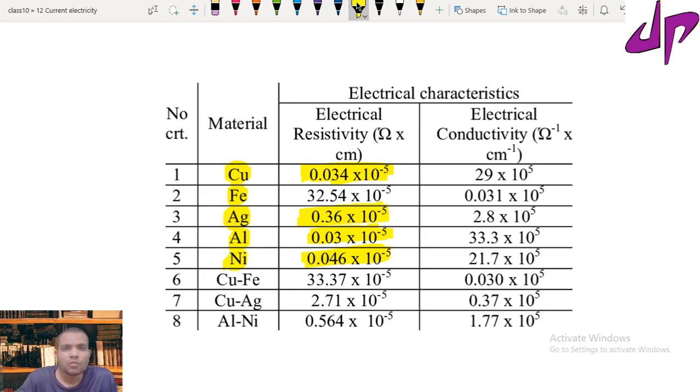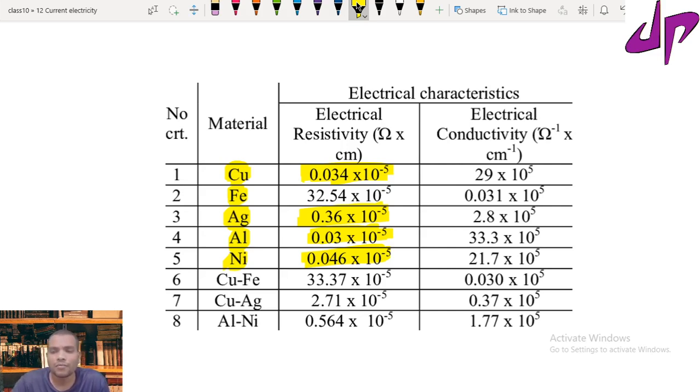We can define whether a material is good for electrical purposes by two characteristics. If it is a conductor, it should have high conductivity. Conductivity and resistivity are reciprocal.